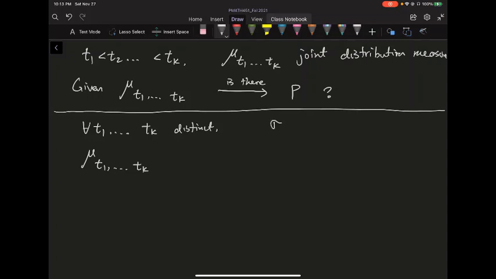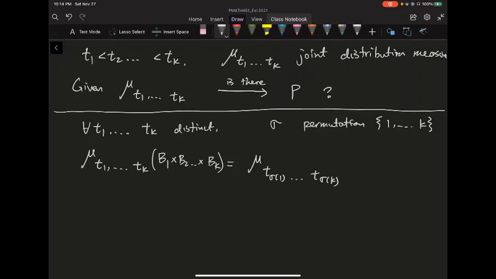If you let sigma be a permutation of, let's say, 1 to k, then you can consider mu of t sigma 1 up to t sigma k. You can measure, for example, on B1 cross B2 up to Bk.